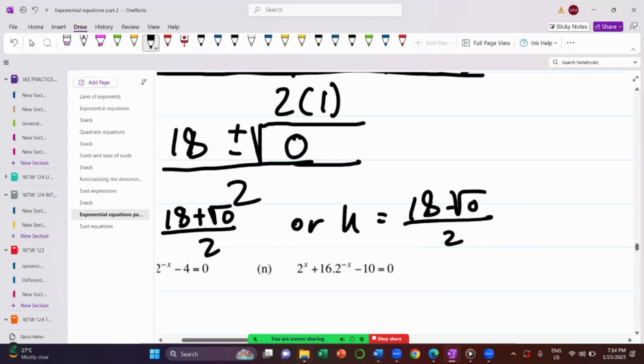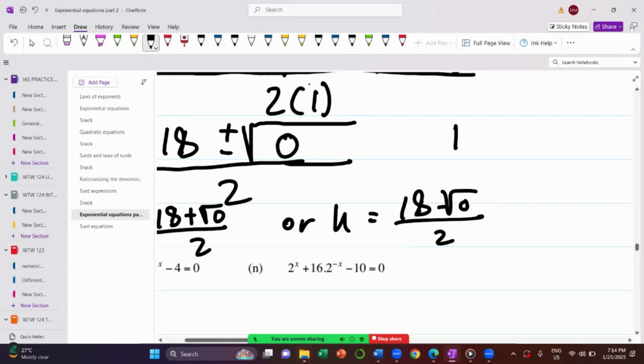Give me the values of k. k is going to be equal to 18 plus the square root of 0 over 2, which is how much? It's 9. So k is equal to 9, or k is equal to what?